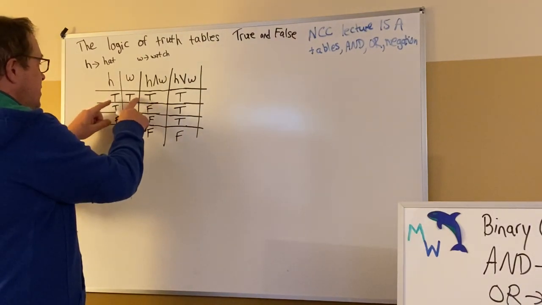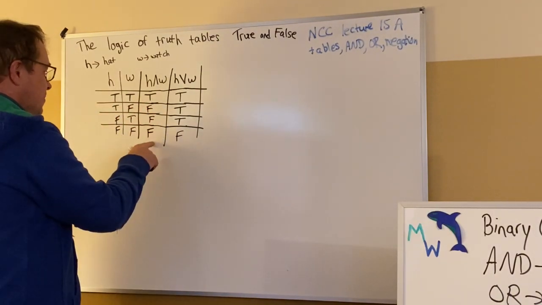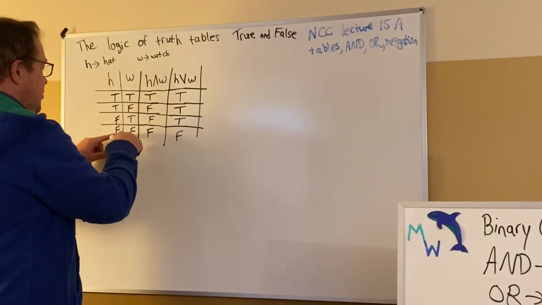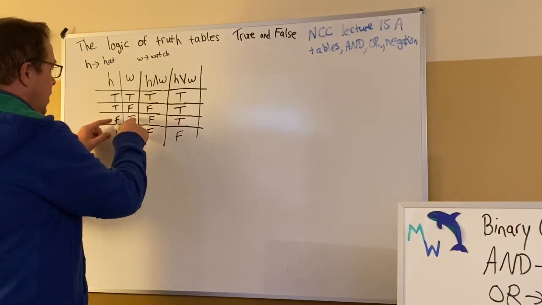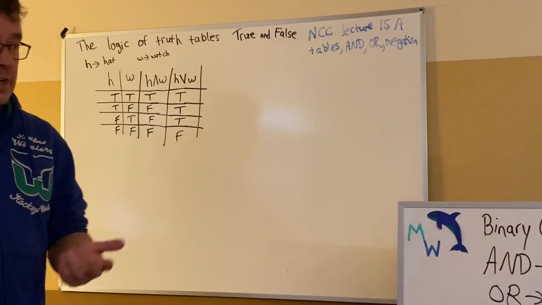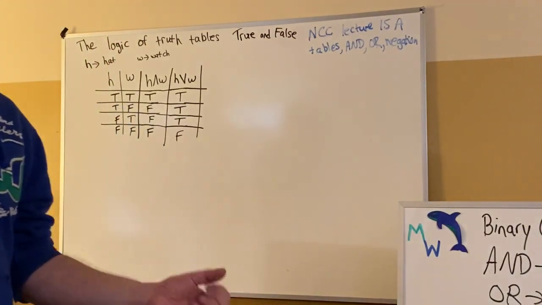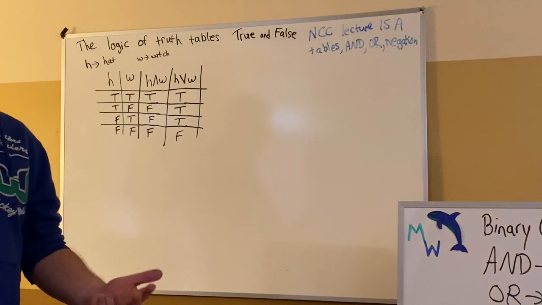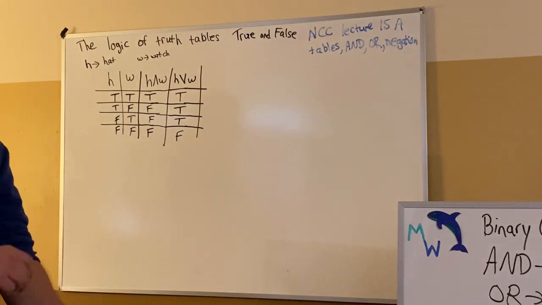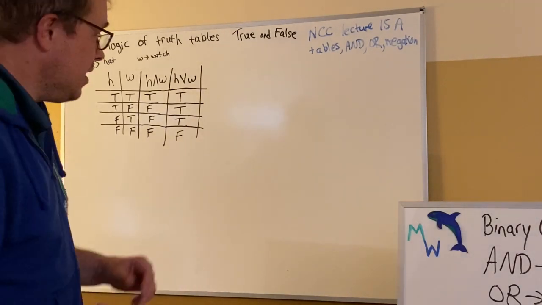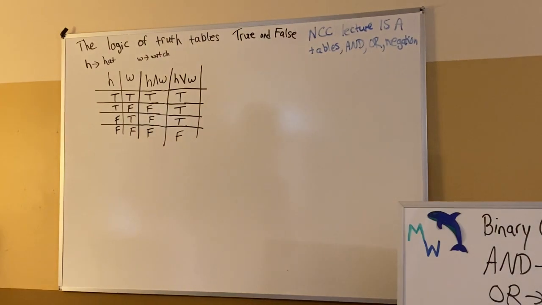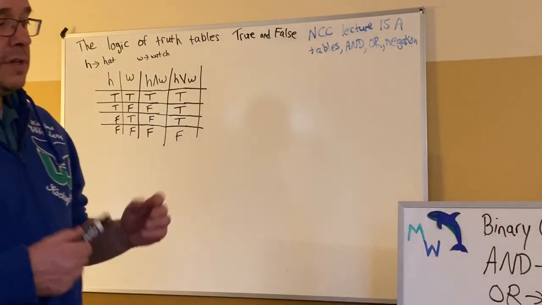If you have 2 T's, your and is a T, otherwise it's an F. If you have 2 F's, then your or is an F, otherwise it's a T. So what they said was you need 2 T's to make and be T, you need 2 F's to make or be F. That sounds like people trying to make a game of it or something they don't understand. But what you really have to understand is you need both true to be true, or at least one to be true when you have an or.